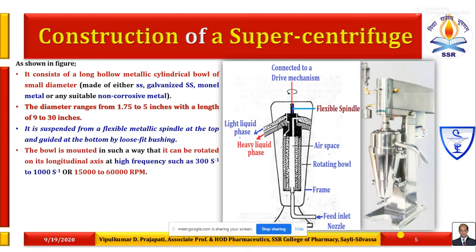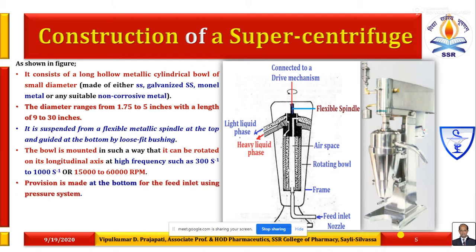The bowl is mounted in such a way that it can be rotated on its longitudinal axis at high frequencies such as 300 s^-1 to 1000 s^-1, or 15,000 to 60,000 revolutions per minute.